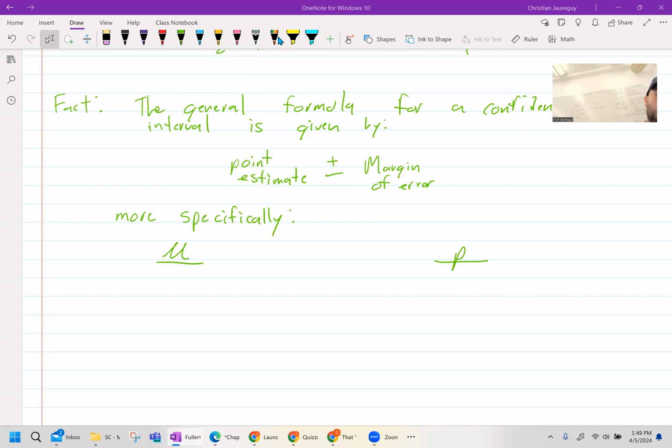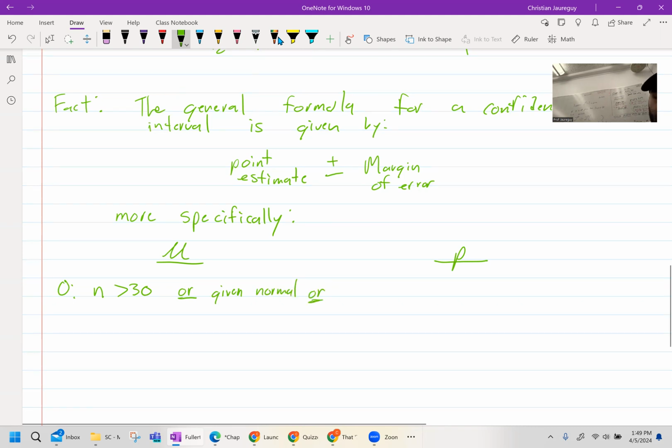Here's what we're going to do. We're going to say, first off, check conditions. N is greater than 30, or it's given normal, or there's a new one that we'll address later. No outliers in box plot.